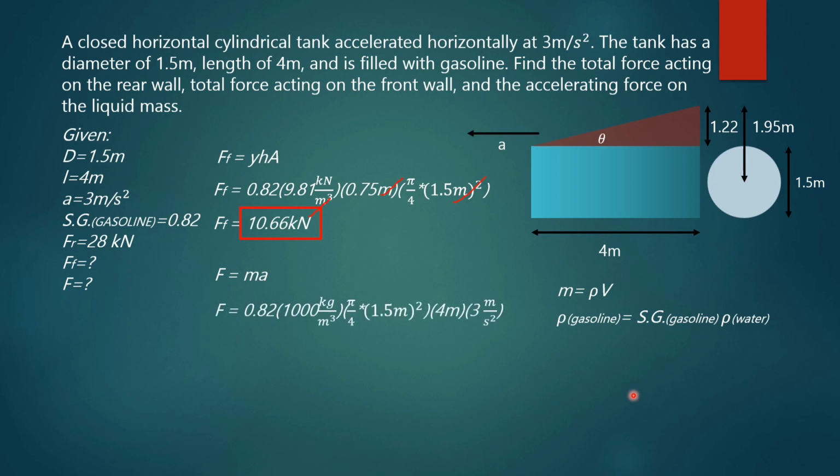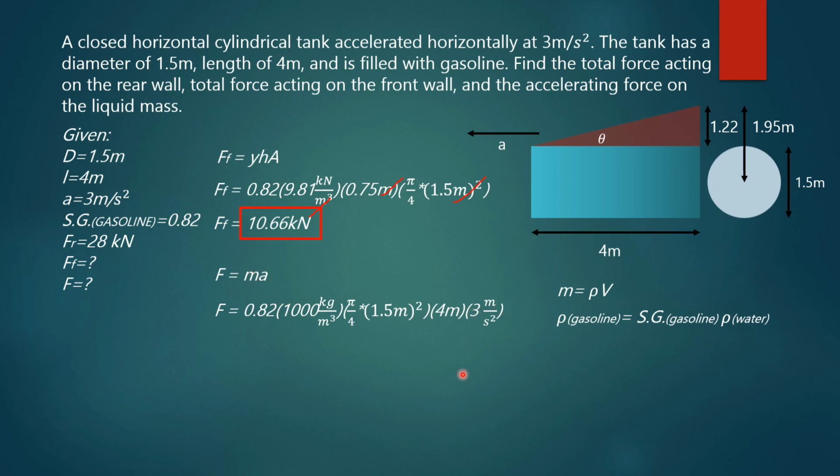So we will come up with 0.82, which is the specific gravity of the gasoline, times the density of the water, which is 1000, times the volume. Volume would be area times the length. So the area, which is pi d squared over 4, times the length, which is 4 meters, times the acceleration, which is 3 meters per second squared.